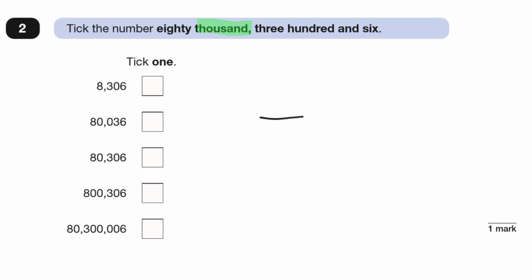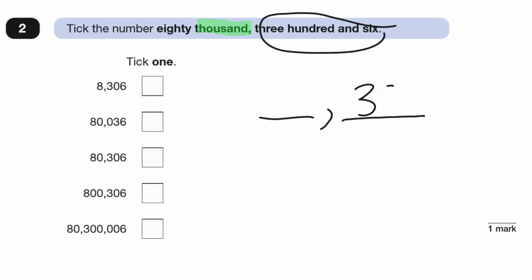So if I had a digit, I'd have however many thousands there with a separator, and then my hundreds there. So my 306 would be here, and 80,000 would be here. So it's going to look like that. And then we can look down the side and find it, or you could go down each one.